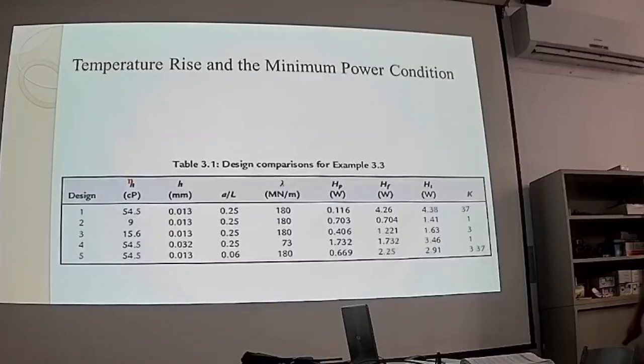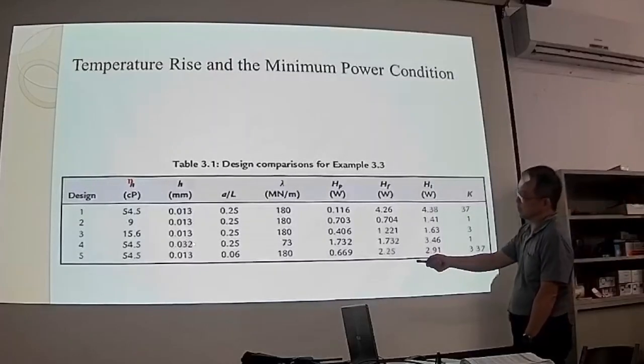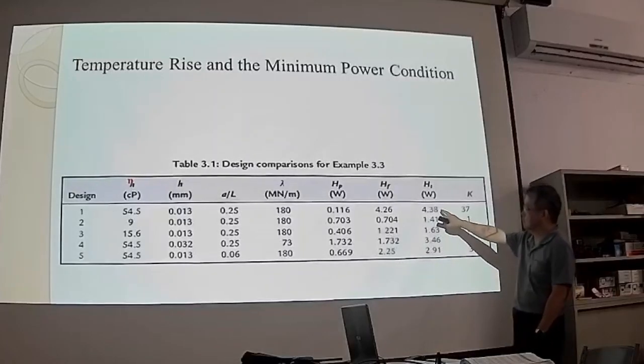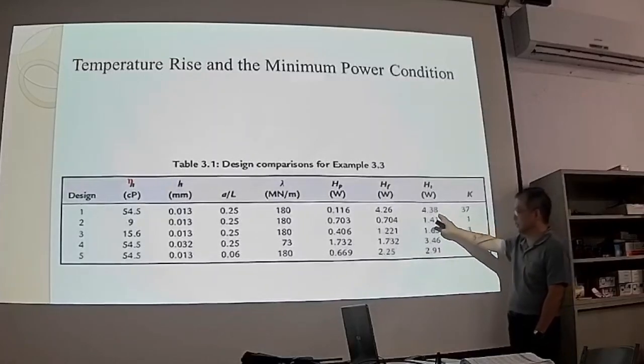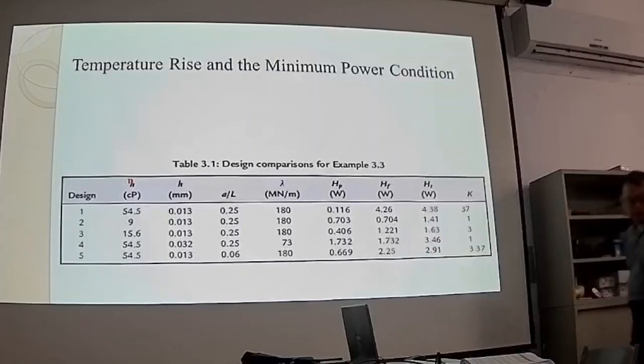So you increase the clearance, then the friction power drops from 4.38 to 3.46. So the friction power is dropped, and then the total power is dropping. So the temperature rise will drop from 37 to 1. Okay.